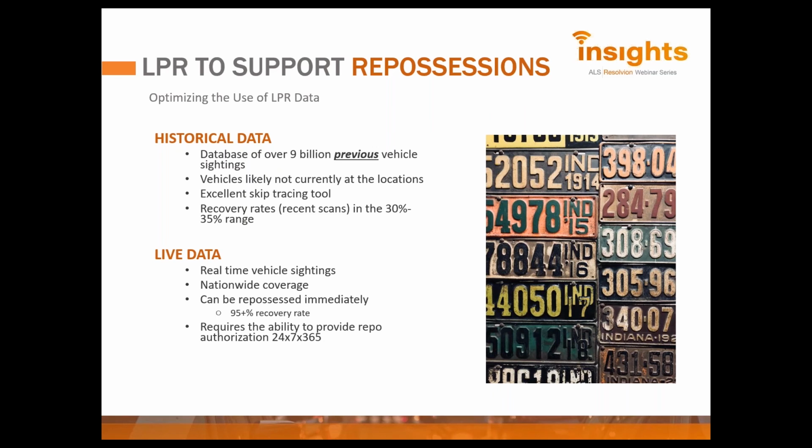Recovery rates in a live environment are typically 95+%, because again, the agent is right there, as opposed to having to be dispatched out to a location where the car could have been yesterday or two weeks ago. So it's much more powerful in that regard, but it does require the ability to provide authorization to that agent 24/7, 365 days a year.